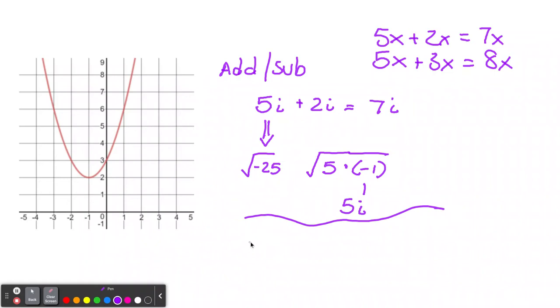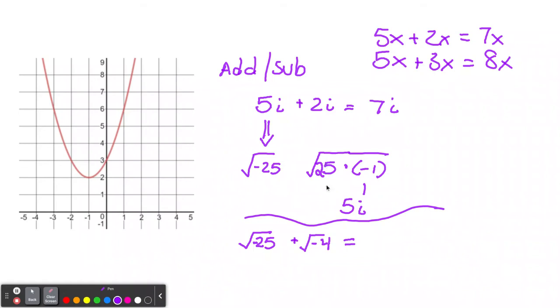Try to add this one. What if I gave you the square root of negative 25 plus the square root of negative 4? What would that give you? Oh, and by the way, going back here, I forgot the 2. It's the square root of 25, not the square root of 5.